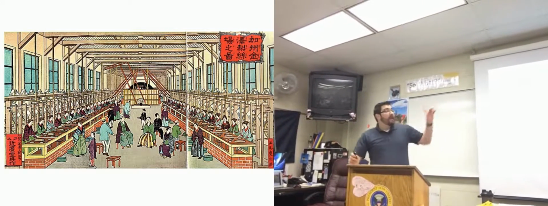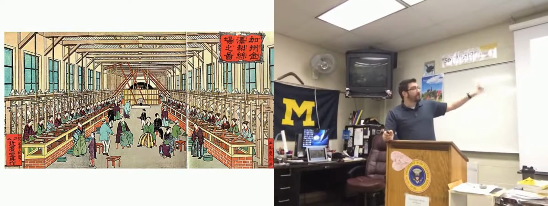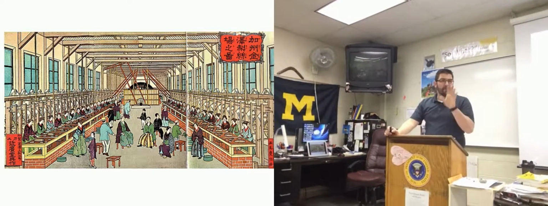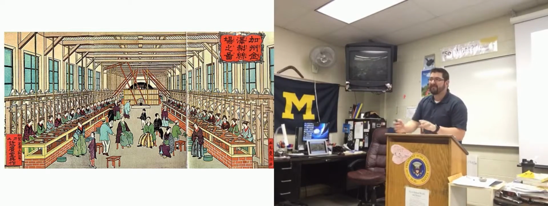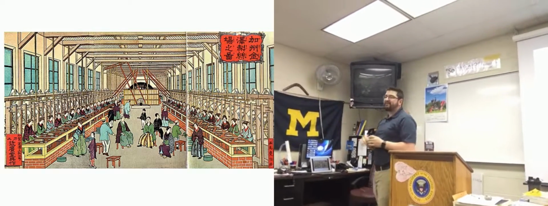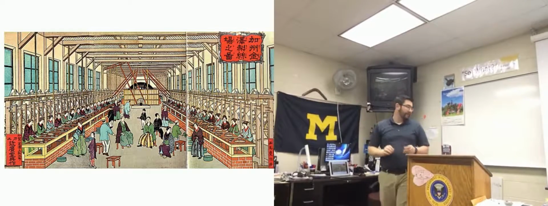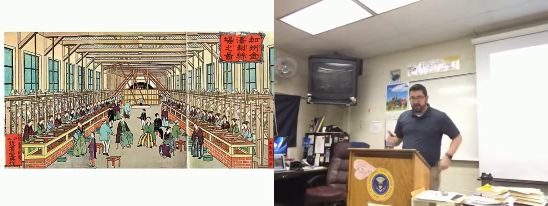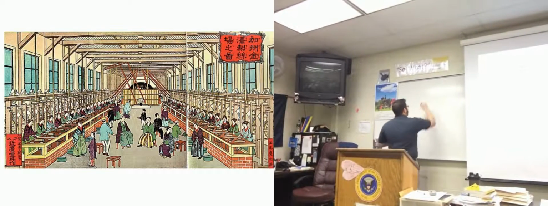All right? Last thing we're going to talk about before we go to lunch is Japan. In 1868, and we will talk more about this later, but in 1868, Japan has what's known as the Meiji Restoration. Meiji, M-E-I-J-I. The Meiji Restoration.